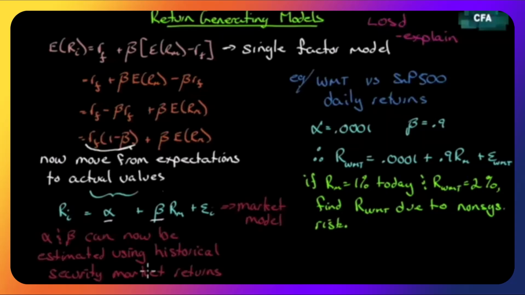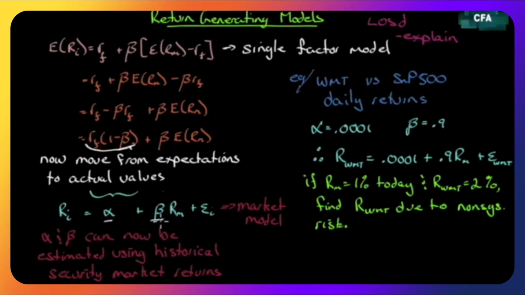And then I can run a regression and find out what my alpha and beta coefficients are. And anything that's not captured by that will show up in the error term. Now, this will give me all of my systematic risk. This will tell me what my non-systematic risk is.